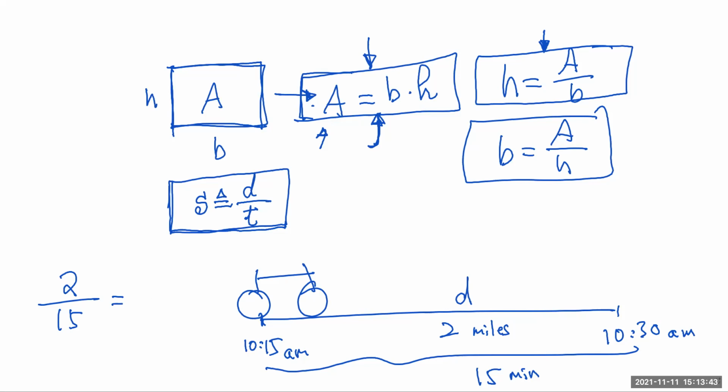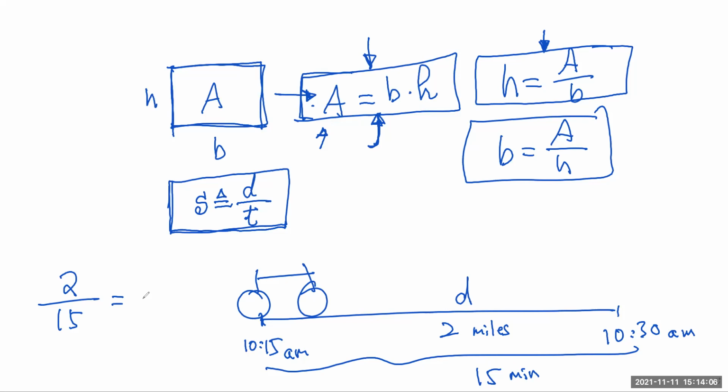So 2 over 15. Let's see what that is. 2 divided by 15 is 0.133, and that's miles per minute. And sometimes we want to know miles per hour.